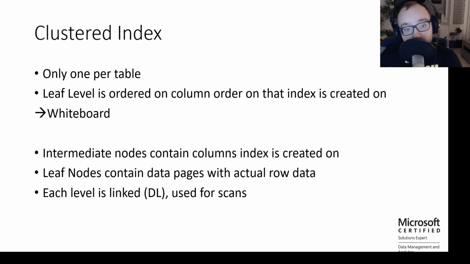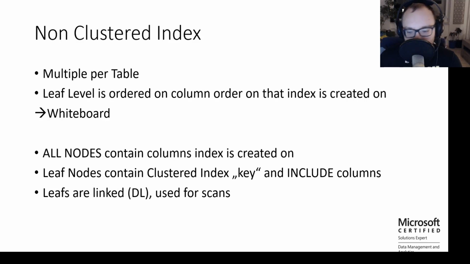Since the clustered index is your table, on the leaf level you will have all your data, and in the intermediate and root pages, you will only have your key column that you put the index on, and some pointers to the next level of the tree where you can find that particular data. And of course on the leaf level you have a doubly linked list. So all the leaf levels are linked together in order to perform an easy table scan if you have to do this.